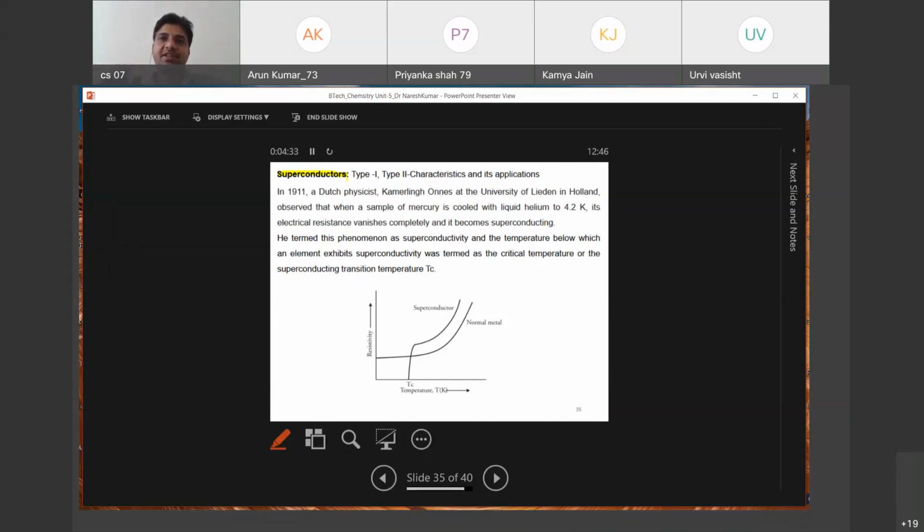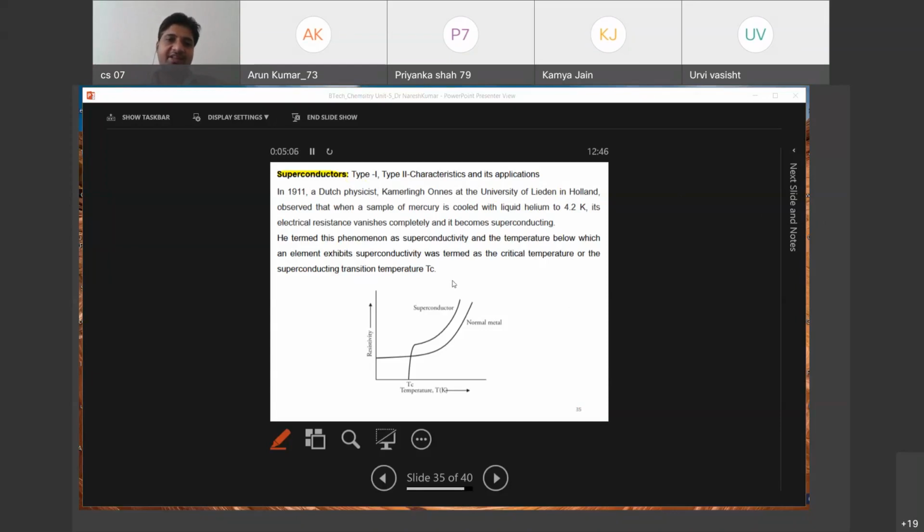This means they do not oppose the flow of electric current. This is the property of superconductors. That's why we call them superconductors, like supercomputers.